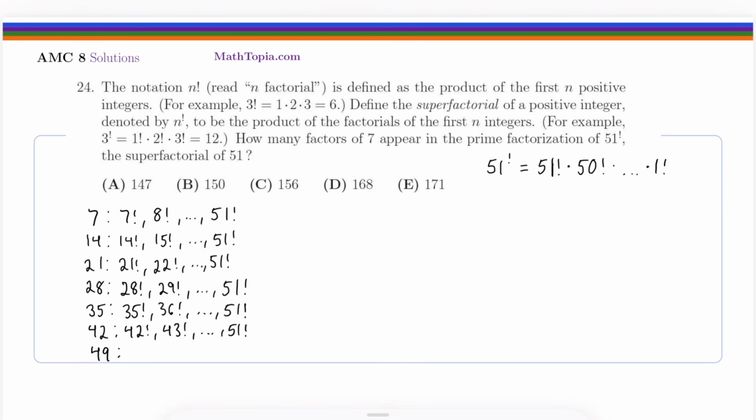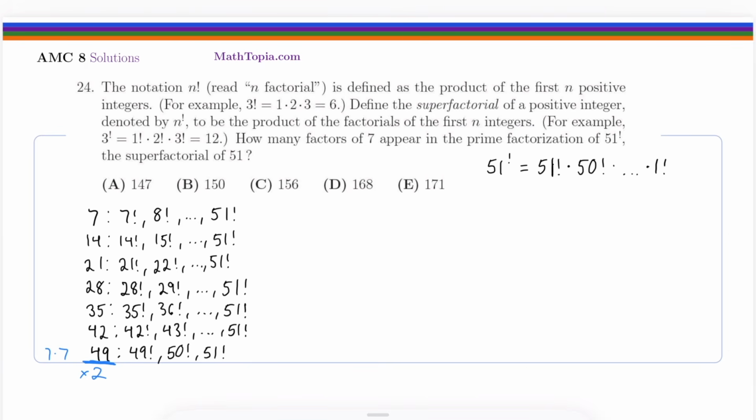This 7 will be present in 49 factorial, 50 factorial, and 51 factorial. However, one thing to note about this is that 49 is 7 times 7, so it'll actually have 2 additional 7s. So whatever we get here, we just need to make sure to multiply that number of 7s by 2.